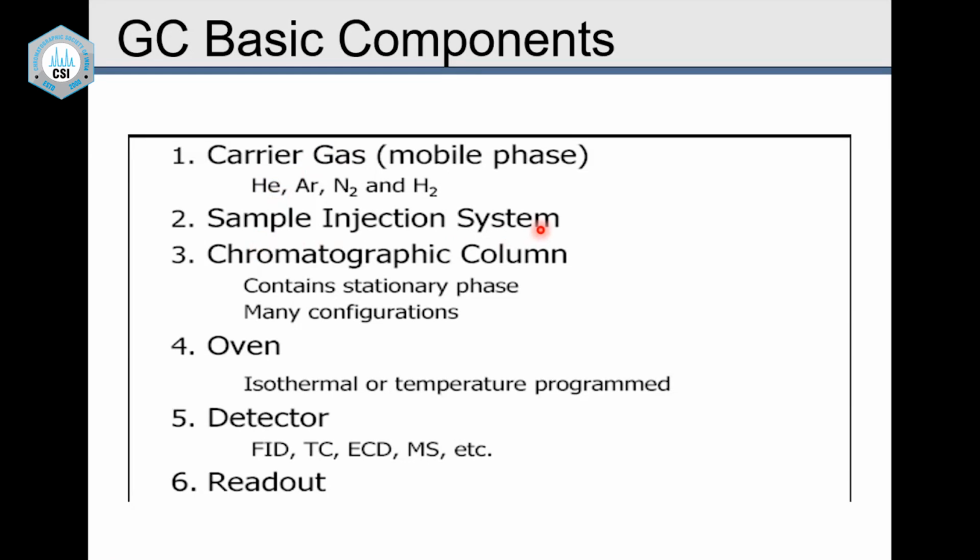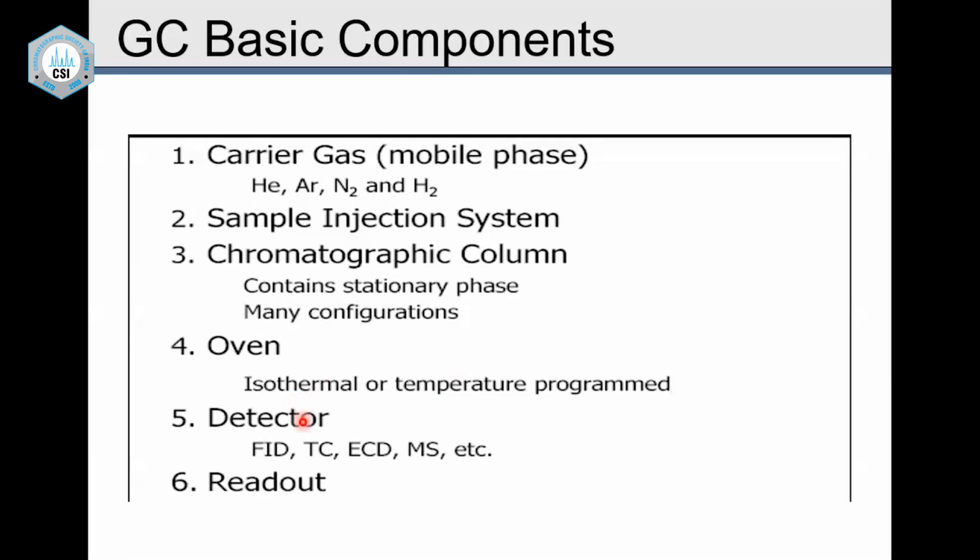Sample injection system: we require different injection ports. We'll talk about that. We require a chromatographic column. There are a number of columns available, packed columns as well as capillary columns. We require an oven, as we have already said, to have temperature increase. You can have an isothermal condition, where temperature remains constant, or you can program the oven temperature to go from low temperature to high temperature.